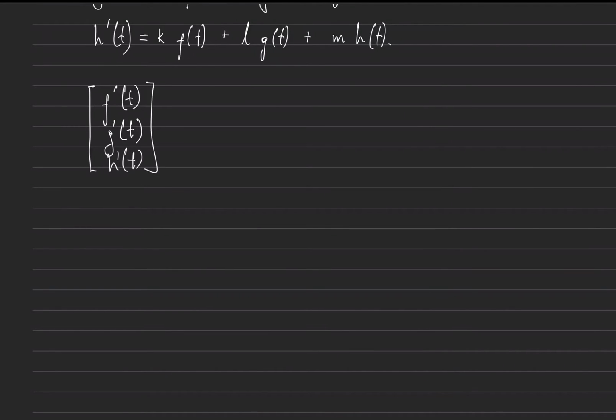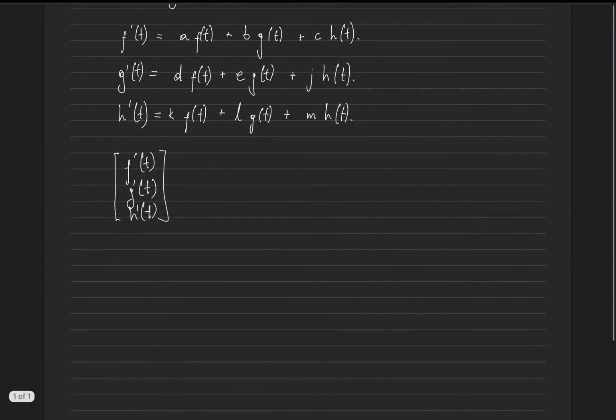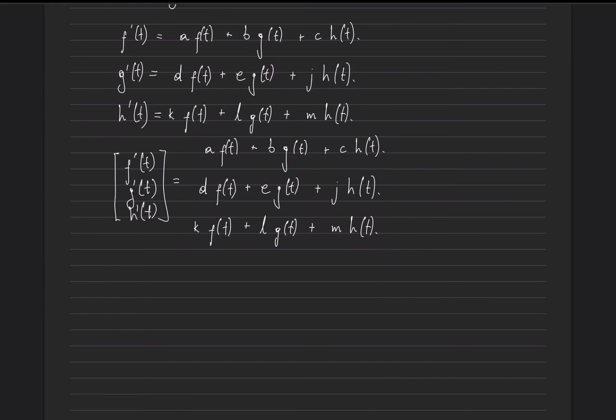So this is some ordered column, just an array of these derivatives. And then obviously this will be equal to, and just to save time, I'm going to copy this and then paste it down here. So this is what this array would look like.